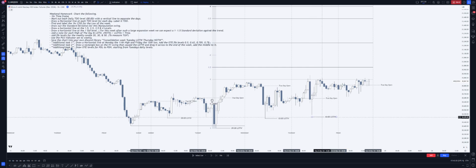Thursday also 10 o'clock. New York getting majority of these moves. And 5 o'clock on Friday.